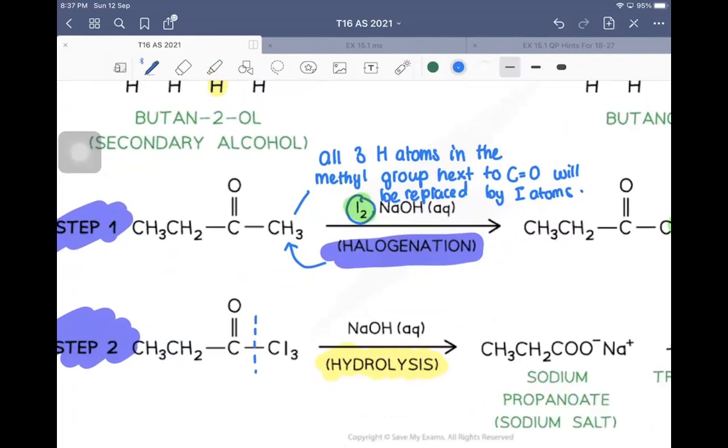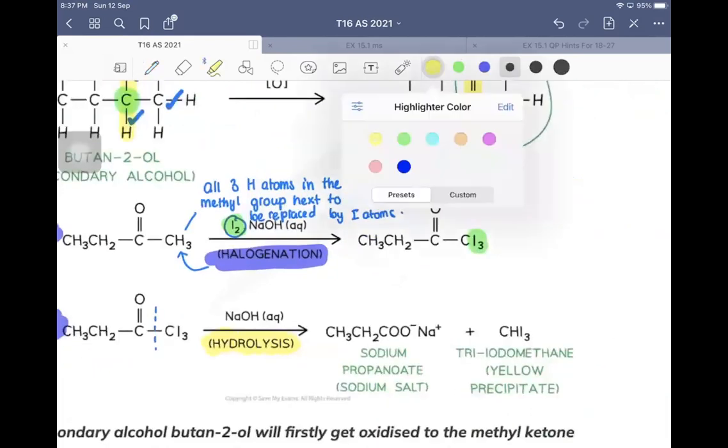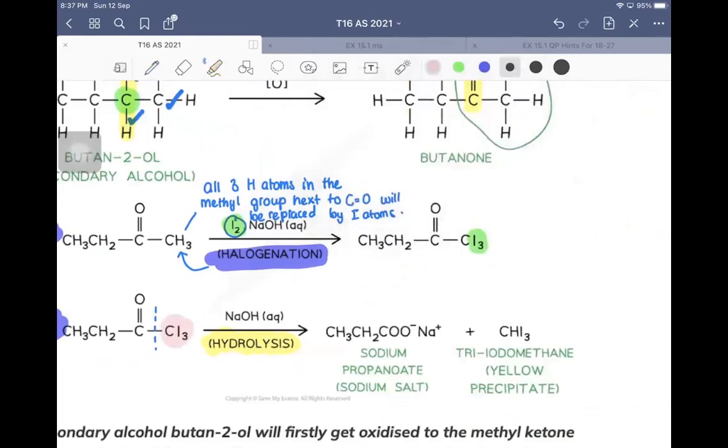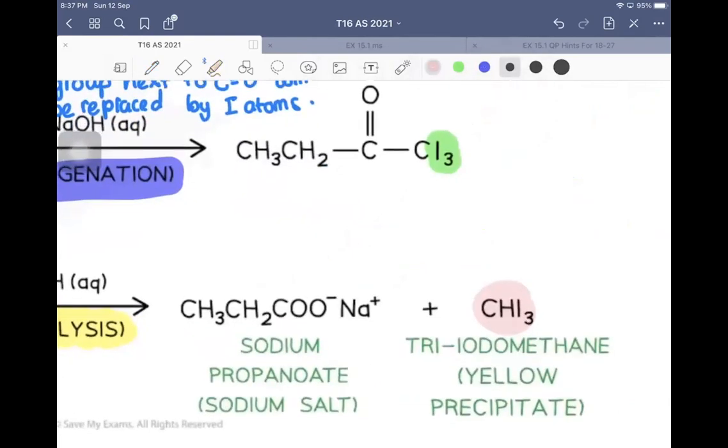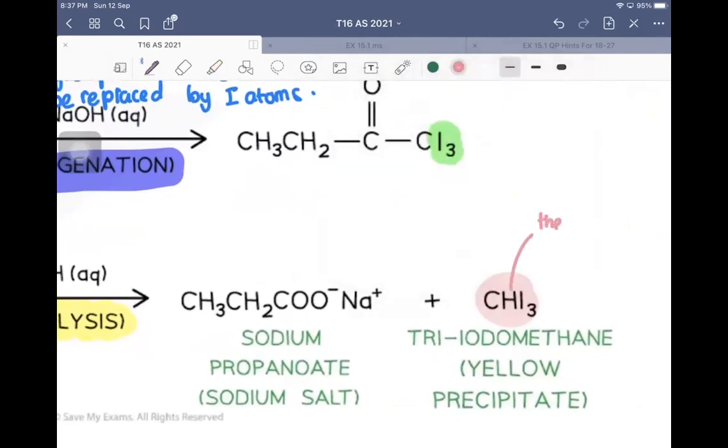Okay, so what happens is that your CI3 will pick up a hydrogen to form CHI3. So if I highlight this whole thing pink, then in the product, please take note that there is an additional H atom from your CI3.